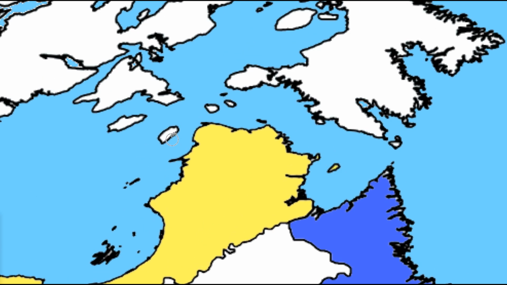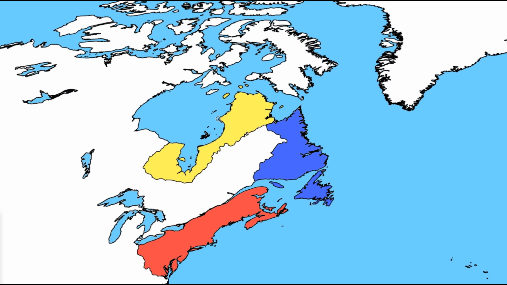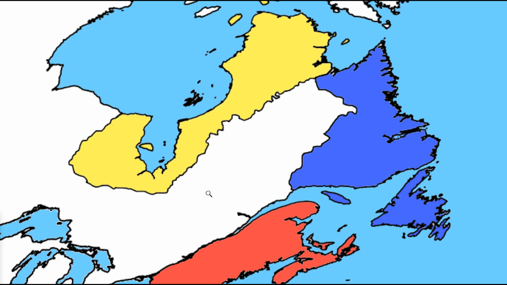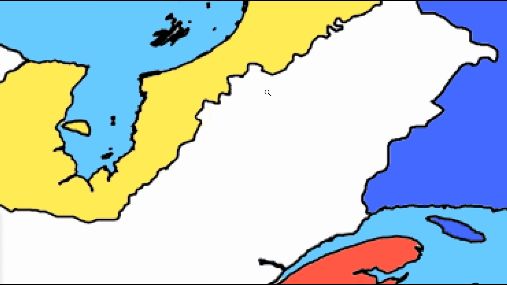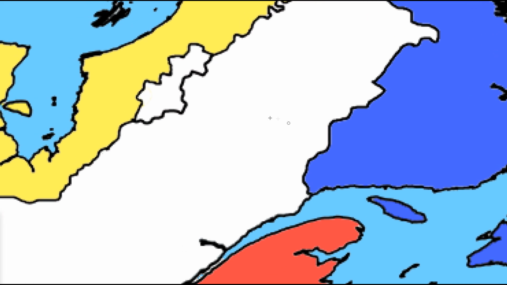But, I think these guys are going to have a few islands up here. Not too much. But all this land right here, we're going to have to give it to somebody. Now, it doesn't look the best, so we might need to touch it up a little bit. Give that area to them.